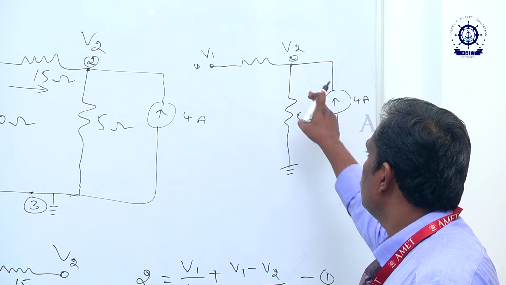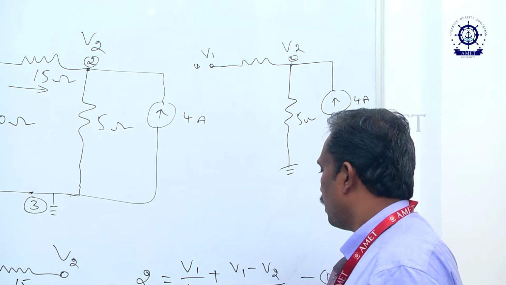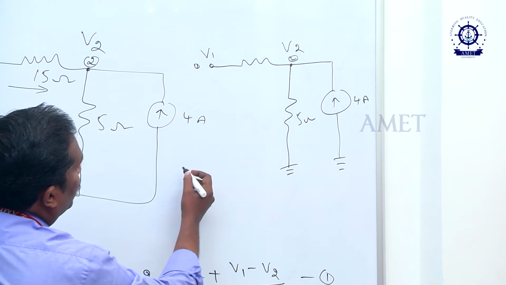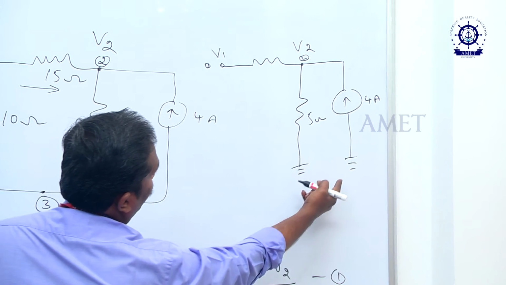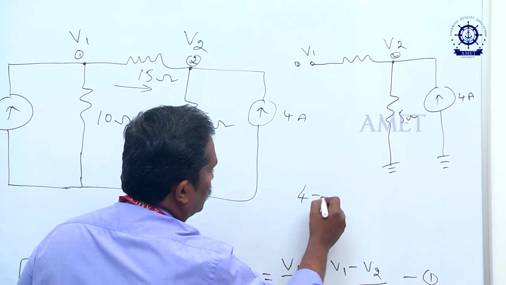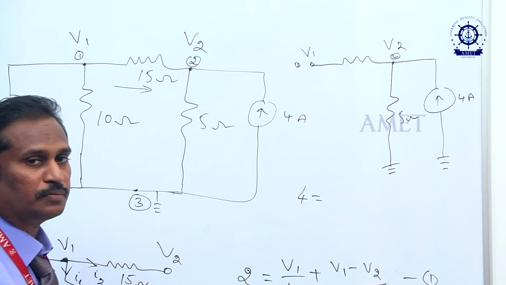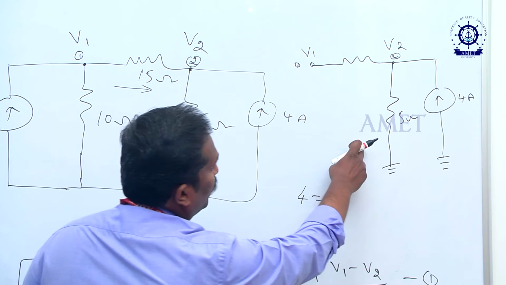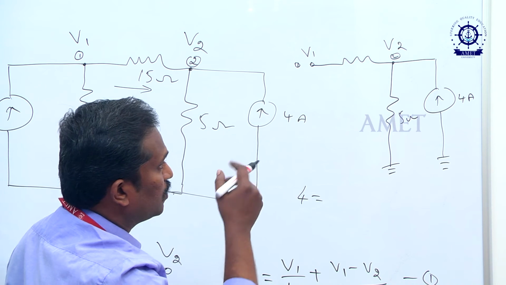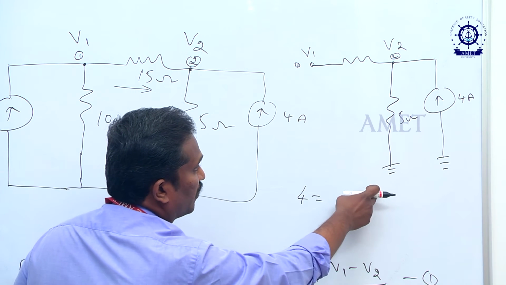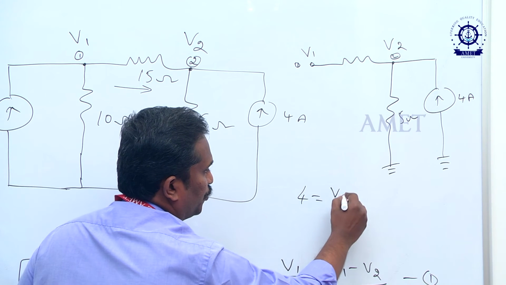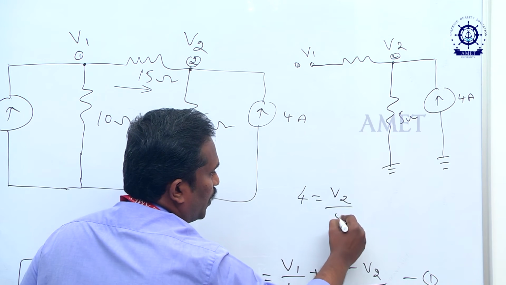Now apply KCL at node 2 and write the equation. The 4 amps current is entering node 2, so 4 amps is equal to the current through the 5 ohm resistor, which is voltage divided by the resistance value. The voltage across the 5 ohm resistance with respect to the reference node is V2, and the resistance value is 5 ohm.